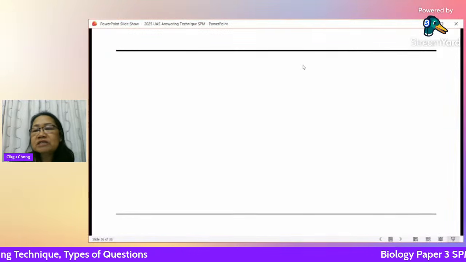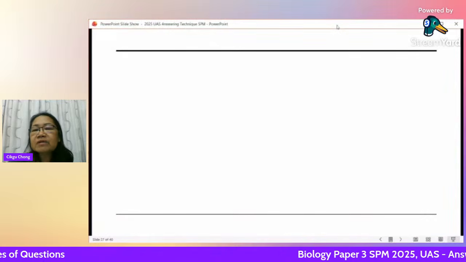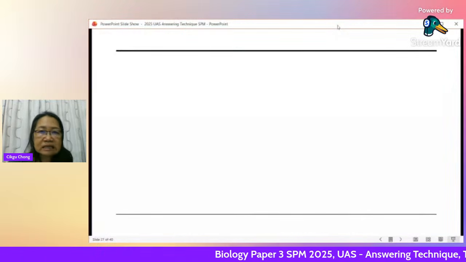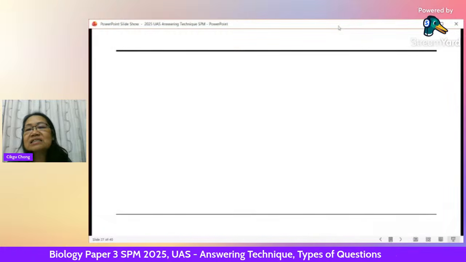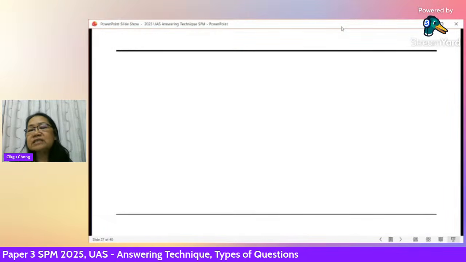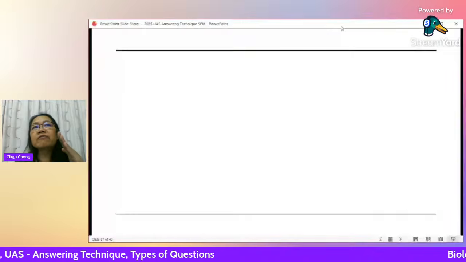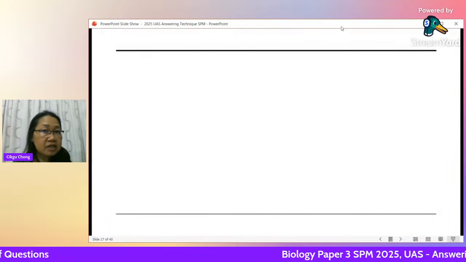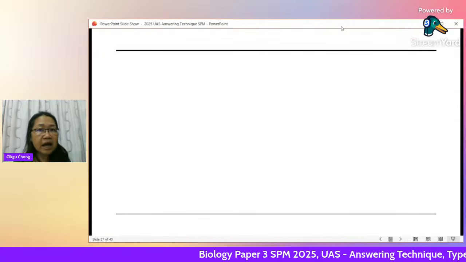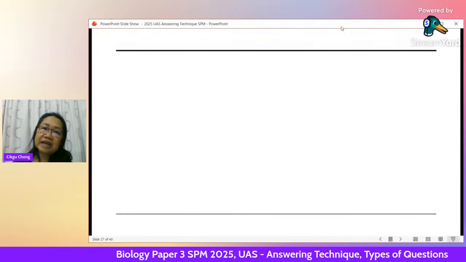Directly proportional to X. Okay, don't do that. Why directly proportional to X? Please use it for your physics. Directly proportional to X is only when you get a perfectly straight line. But most of your graphs in biology experiments, I can tell you, you don't get a perfectly straight line.